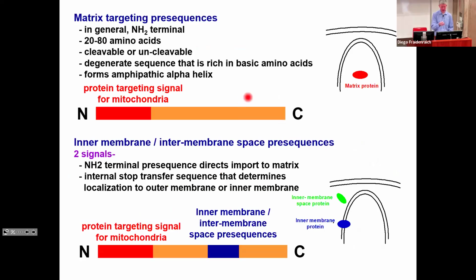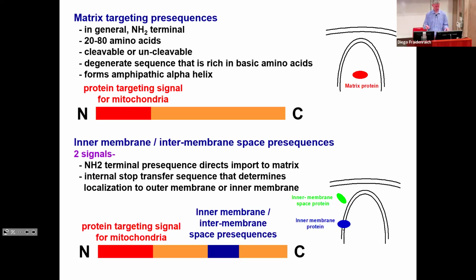So this would be the default pathway. There could be 20 to 80 amino acids. Some of these signal sequences may be cleaved off after import. It forms an amphipathic alpha helix. Most of the proteins would contain this signal sequence for the import at the N-terminus, at the beginning of the protein.